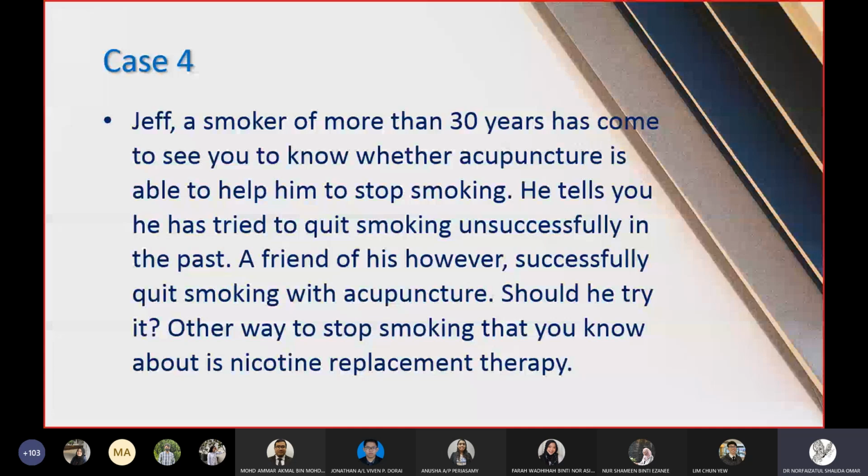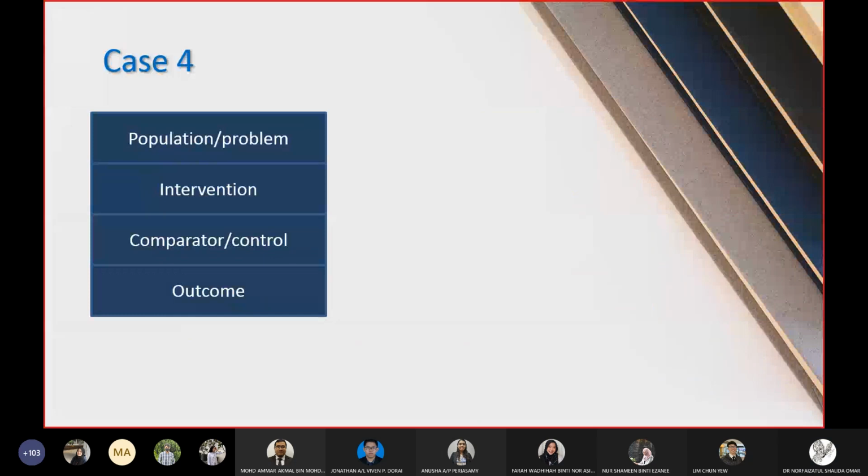Okay, so what's the population or problem? Smokers. Okay, intervention.